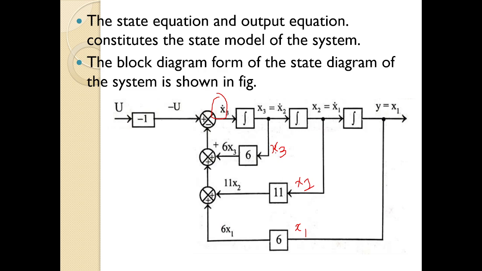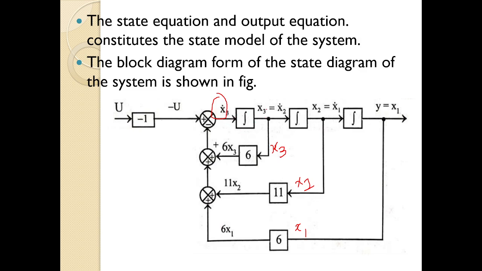So x3 dot is there. If this is x3, what should be in between x3 dot and x3? An integral should be there. All these things we have to assume; we have no other way. We have to think and plan. So send the signal to the above side, and see that x3 dot is there.